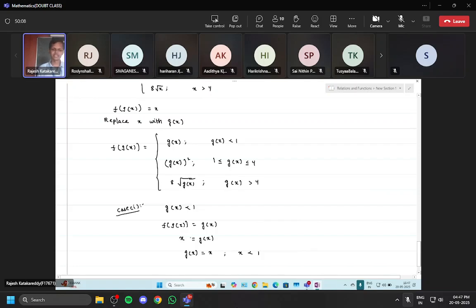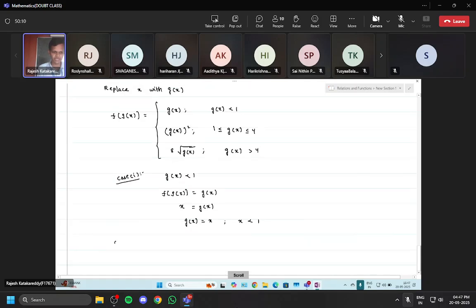Now in the second case, we need to use the same thing again, with 1 less than or equal to g of x, less than or equal to 4. Now x is equal to g of x whole square, so g of x is equal to plus or minus root x.